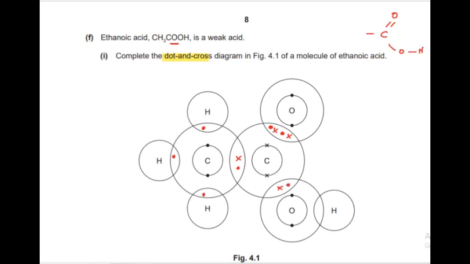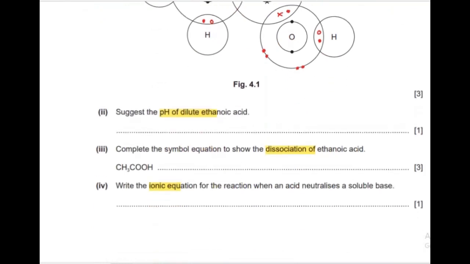Every hydrogen has 1 electron. Here, 1 electron of oxygen is busy with this hydrogen. Oxygen has 6 electrons in the outermost shell, 2 are busy, but don't forget to draw the rest of the 4 electrons in this oxygen as well as in this oxygen. So this is the dot and cross diagram of ethanoic acid.